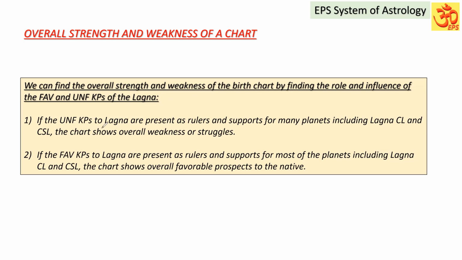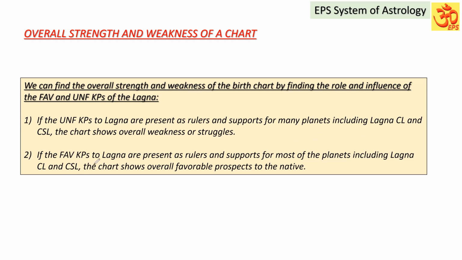If the unfavorable key planets to the Lagna are present as rulers and support for many planets, including Lagna Kaspal Lord and Kaspal Sublord, the chart shows overall weakness or struggles.